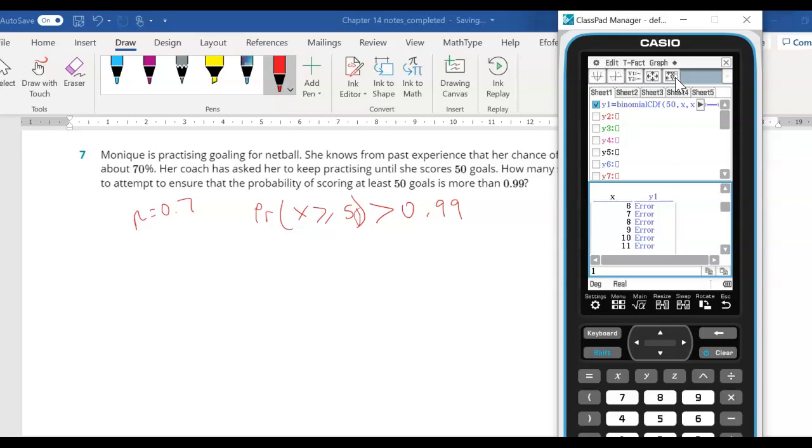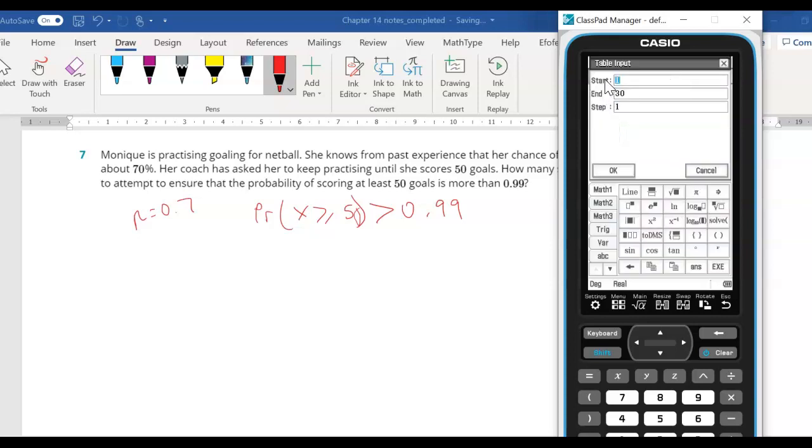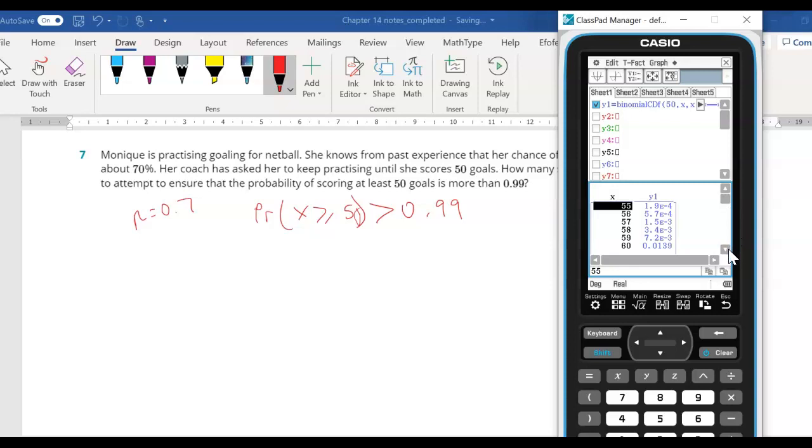So we're starting at 1, ending at 30. So we need to just start at 55. And let's go up to 100. Okay, so that's just going to be a little bit quicker for us. All right, well, you want to keep going until we get above 0.99. Going to eventually get there.